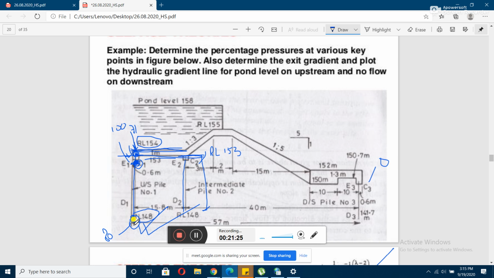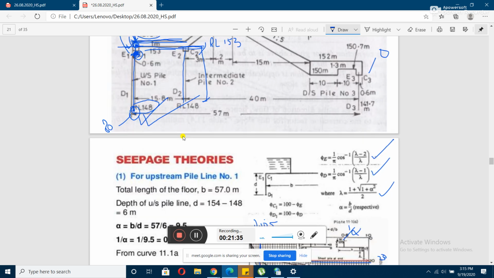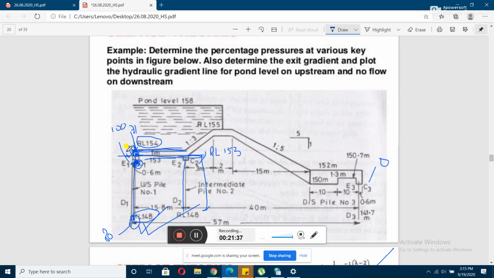So for 71, we have to add on a particular value, and that is known as the correction for the thickness of the floor. That correction will be done by unitary method, because we know the thickness of this floor, that is 1 meter, right? We know the total length from the top fiber to this, that turns out to be 6 meters. So for 6 meter length, there is a change of 80 minus 71, that is 9%, right?